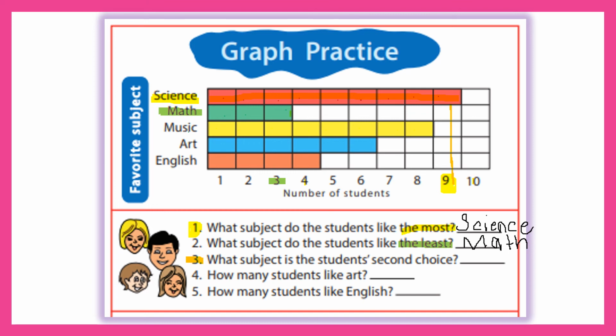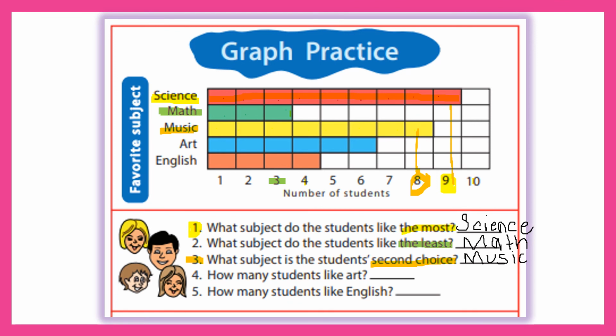No, that's the least. Could it be music? Well, music comes all the way up to number 8, right? Music comes to 8. Art is way down at 6, and English, yeah, it would be music. So we're going to write music in for second choice. All right, there's the word music for you.